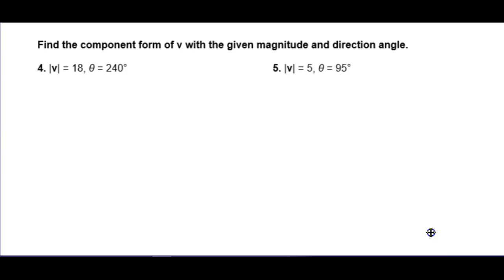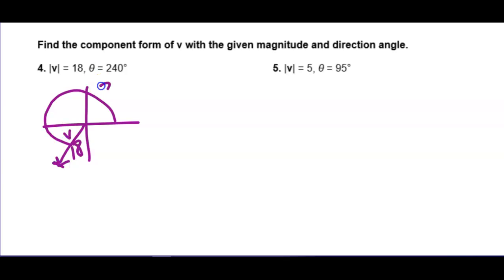All right. This is going backwards for a second. This is given the magnitude and direction. So if I had to draw this, I'd go around 240 and out 18, okay, and label it V, and this was 240.